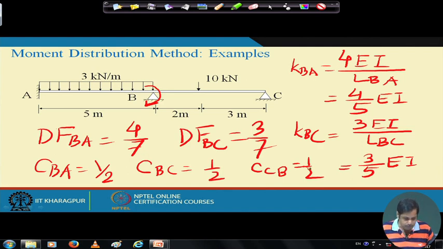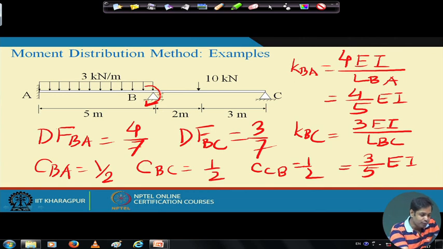Now you may ask that this end is C, so if we apply a moment here, then this moment will not be carried over to C. That is absolutely fine. But what happens is we do the analysis on the primary structure, and in the primary structure we assume these joints are fixed.